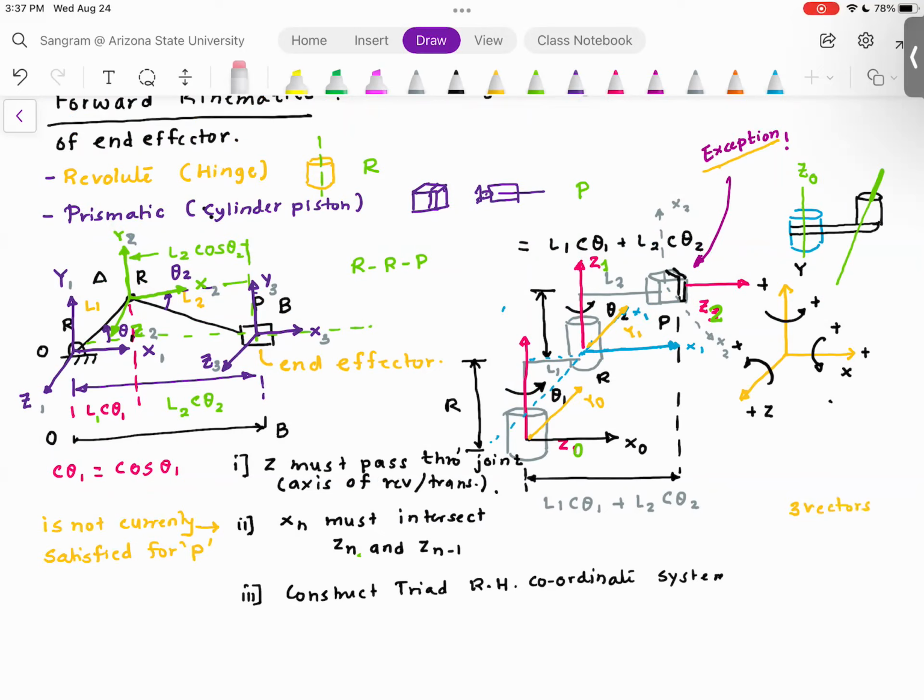So let me put it this way: 3 unit vectors perpendicular to each other. So each joint has its own triad? Yes, okay? That's what we've been drawing.